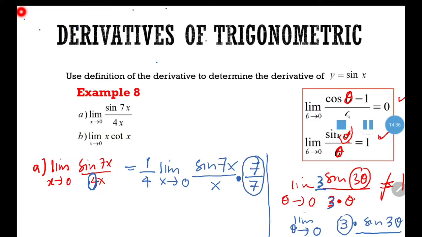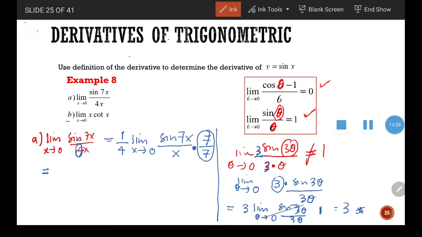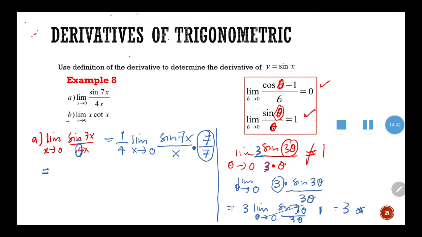So from here, which 7 is important to us, the upper 7 or the lower 7? Of course, the lower 7, because we want to pair it with the 7 in sin 7x. The upper 7 you may bring out.